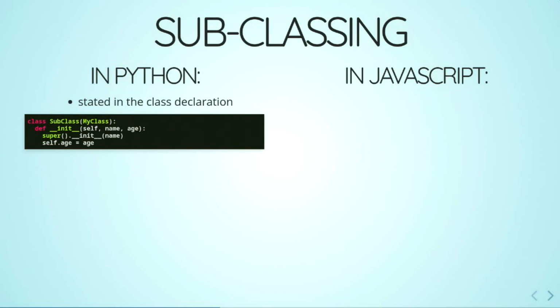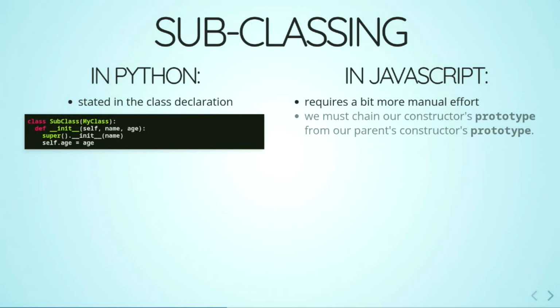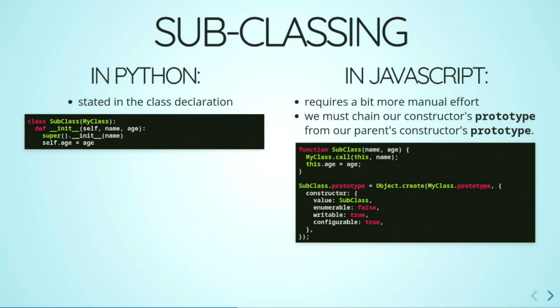In JavaScript, it requires a little bit more effort because it's a constructed concept rather than a native part of the language. So we have to tell the constructor we're creating that its prototype has a prototype of the parent class's constructor. That sounds a little bit roundabout, and actually doing that is also a little bit roundabout.